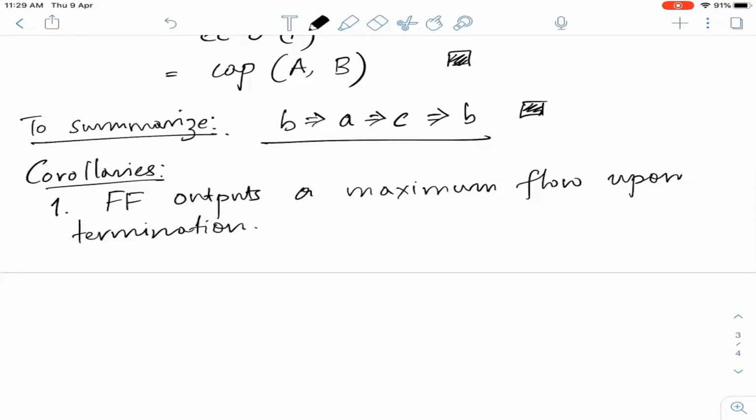And the second thing which we have is that the maximum flow is equal to the minimum capacity cut.